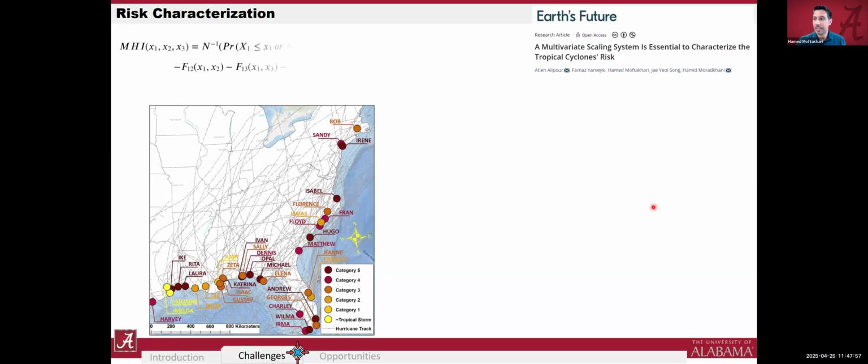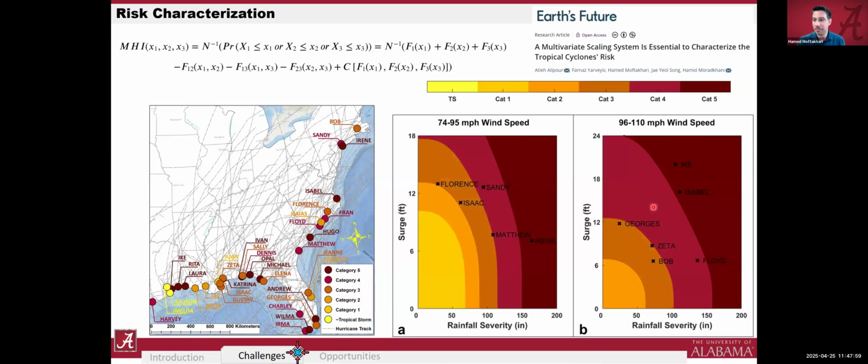To better highlight these challenges, I'm bringing up a few more examples. This is a paper that we published about 2 years ago. You all might be familiar with the Saffir-Simpson scale, with which we categorize hurricanes based on wind speed. But if you look at the damage associated with tropical cyclones and hurricanes, we mostly attribute it to floods, not to wind effect, yet we categorize hurricanes based on their wind speed.